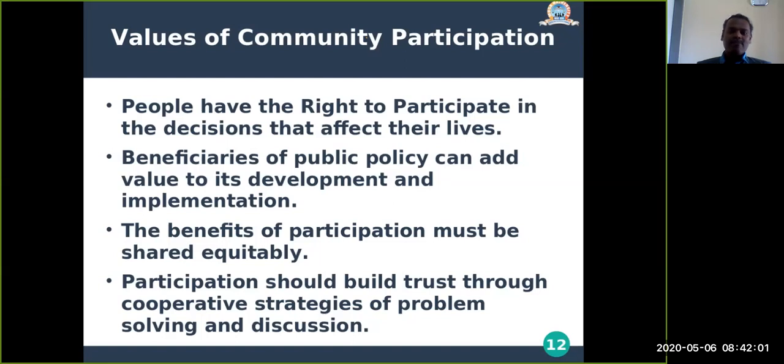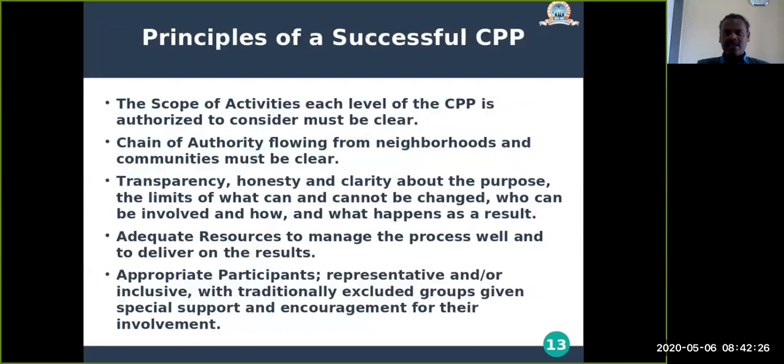Then the third one, benefits of participation must be shared equally. Whatever benefits your projects bring should be shared equally without any discrimination. This participation should build trust through cooperative strategies of problem solving and discussion. So these are all the values you need to keep in your programs when you are encouraging community participation.